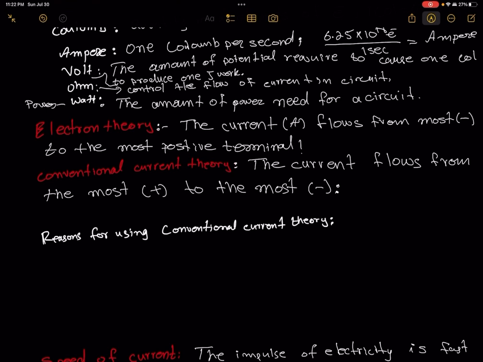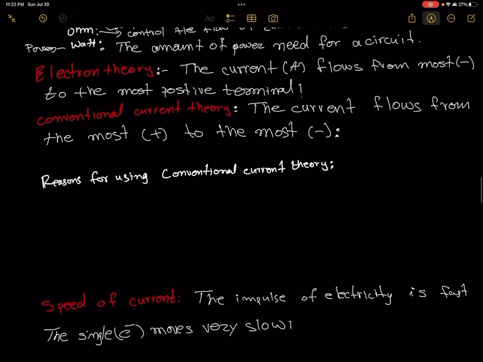Alrighty, up until today, I use the conventional current theory too, and all the skilled trades people use the conventional current theory, and the engineers follow the conventional current theory as far as I've seen. There are reasons for that.